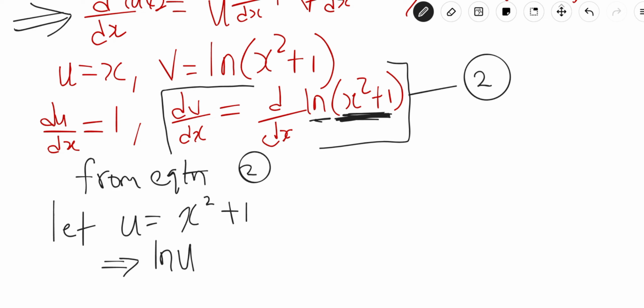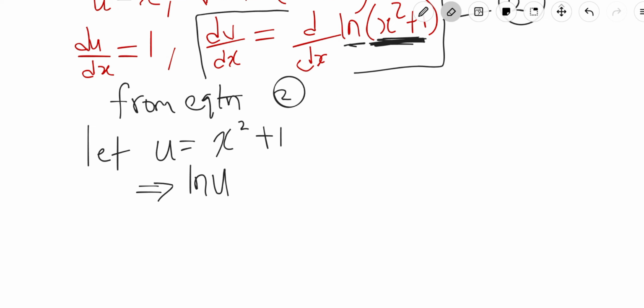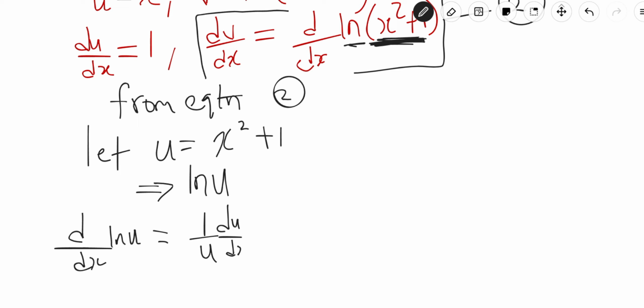Right. So if we differentiate ln u, we're going to have 1 over u du/dx. Recall differentiation: if we differentiate ln x, we get 1 over x.